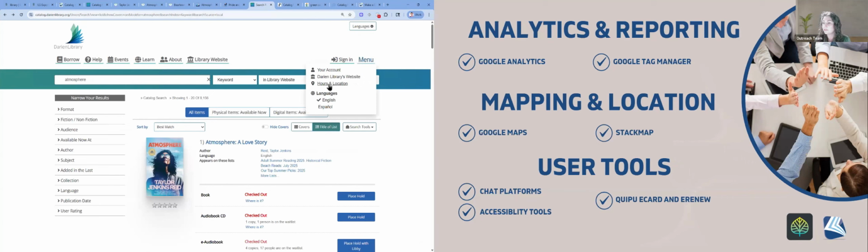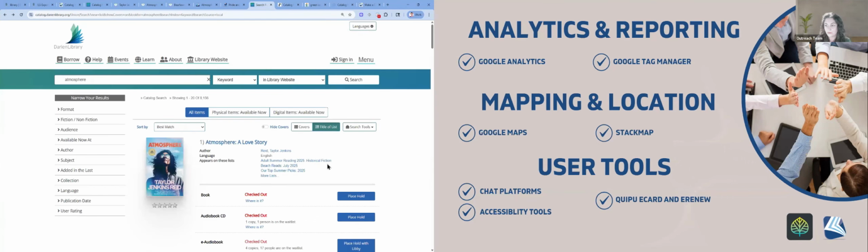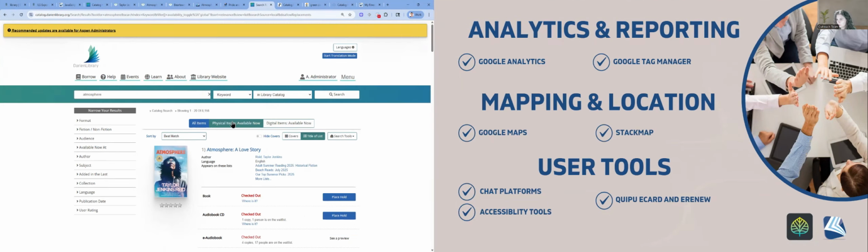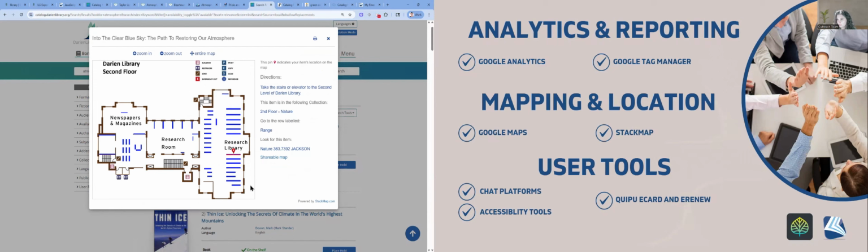Google Maps integration is used to display a map of your physical location, or you can also integrate with StackMap, which will allow patrons to see exactly where the item is located within the physical library. So let me jump over to physical items. There it is. And we can map it so it will show the floor, the layout of the library, where that item exactly is on the shelf.